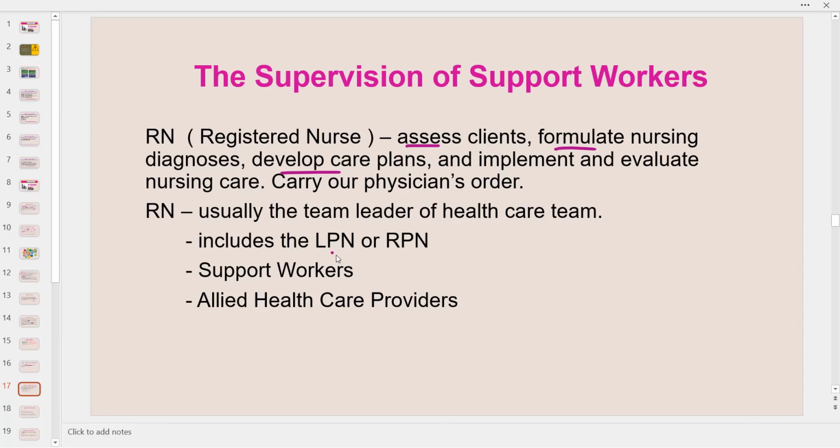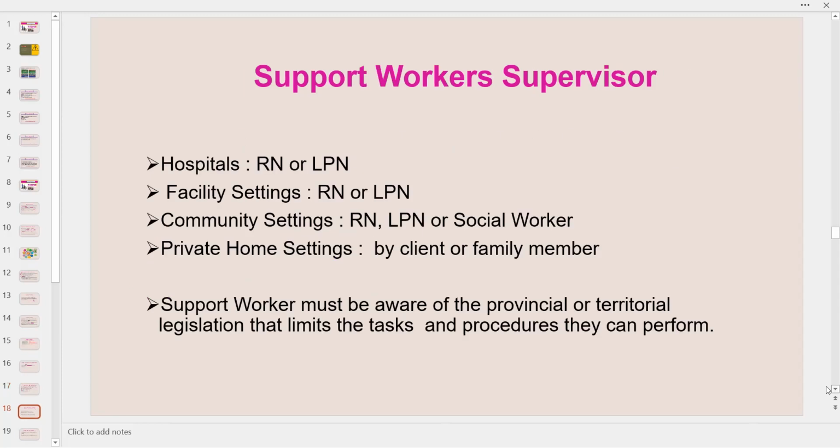In some settings, the LPNs also function as director of care, client care manager, or education care manager. Now, the support worker works under the supervision of the RN as well as the LPN. And the allied healthcare providers sometimes work under the supervision of the RN and the LPN.